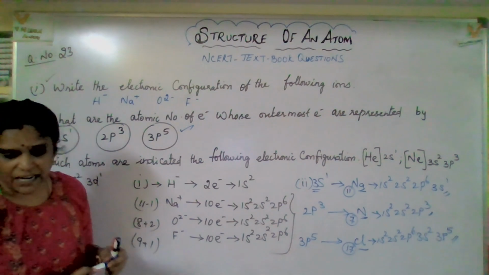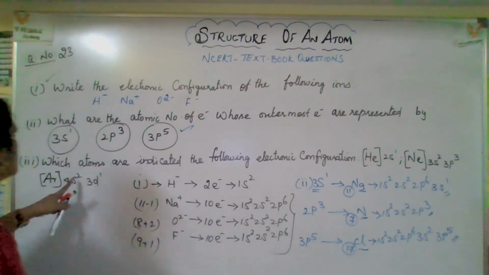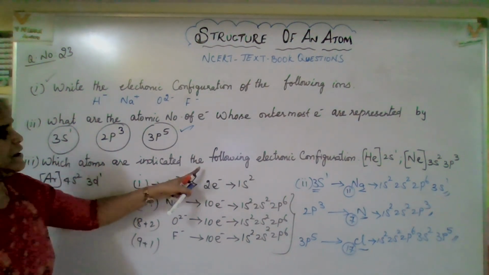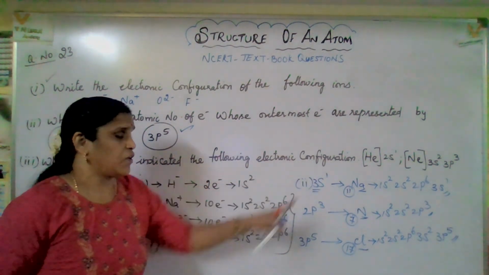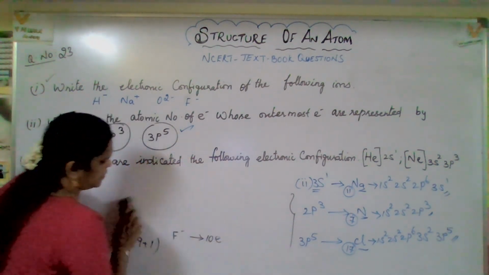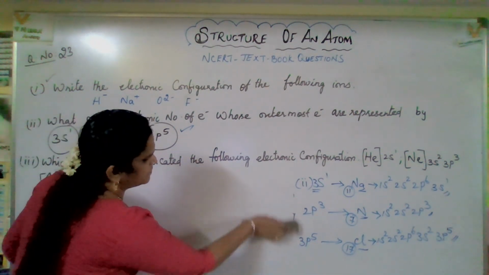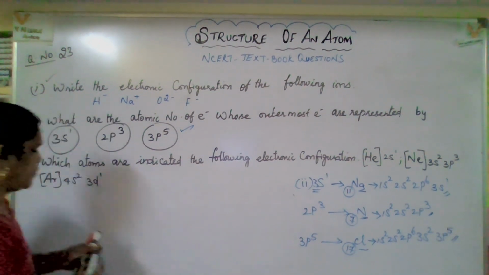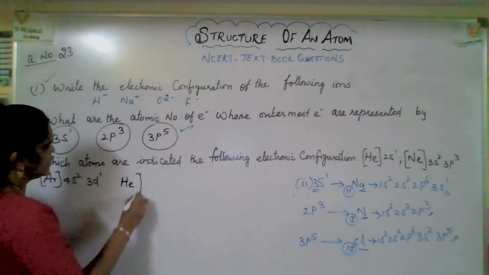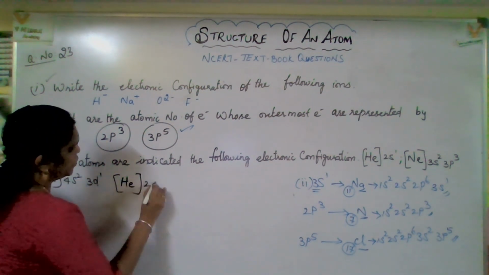Now the next question, let me wrap this. Yeah, next question. Which atoms are indicated by the following electronic configurations? Now helium 2s1.